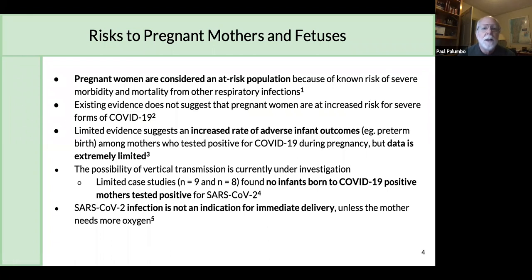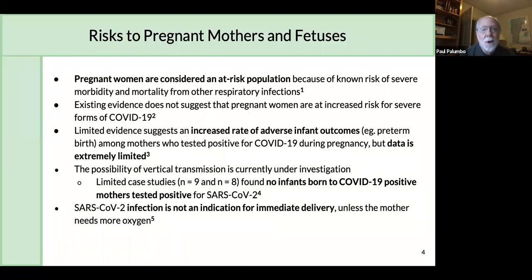So hypothetically, pregnant women are considered an at-risk population. We know that pregnant women have a more difficult clinical time with infections like influenza when they become infected during pregnancy. And so extrapolating from that model, we have some concerns that pregnant women may be at particular risk for COVID-19 infection.